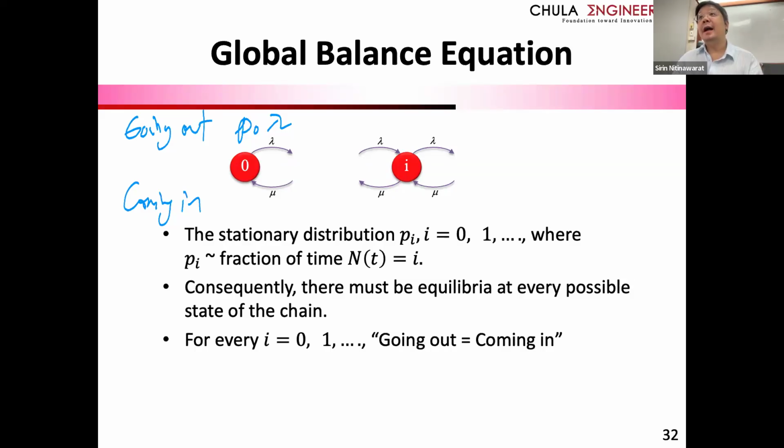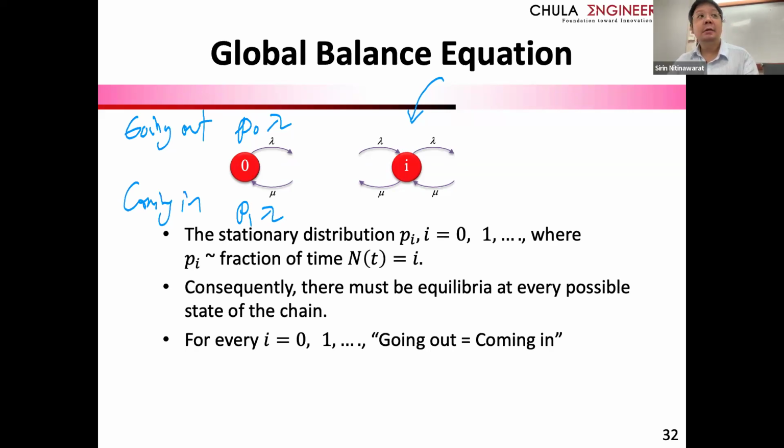What about coming in? How can I come into the zero state? Only from state 1, right? Because for a small interval, the dominant event is coming in from 1 only, right? So that happened with rate P1. What about a positive state I? What is the total frequency going out? Going out of I, I can go out of I in two ways, right?